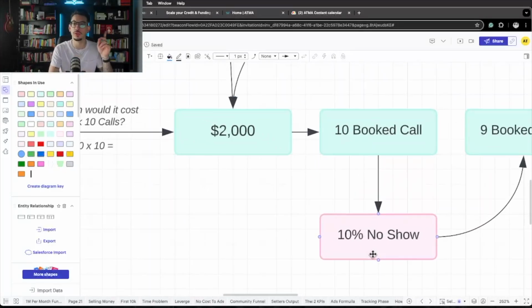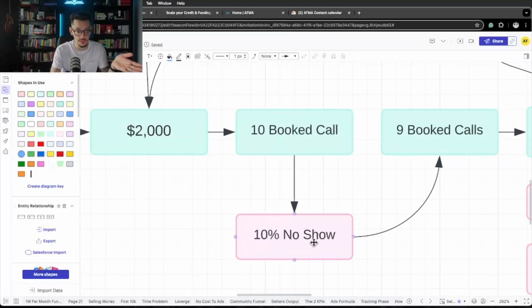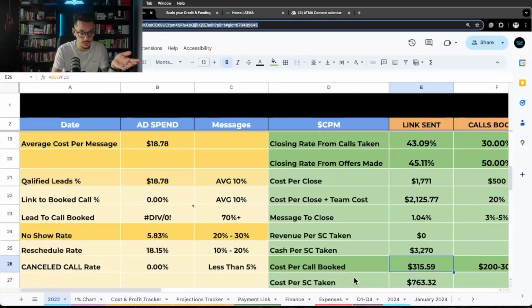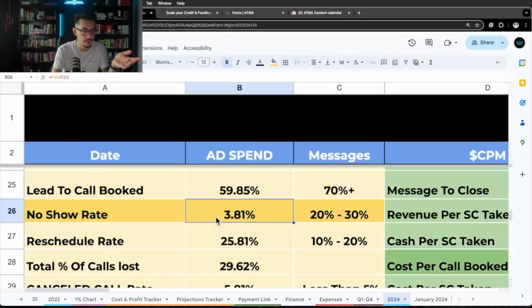The reason why I wanted to go to the DM stuff is because of the DM system, like this month, I could show you for this year real quick. For 2024, look at this, we have a 3% no-show rate. So that means a very large number of clients are showing up to the call.